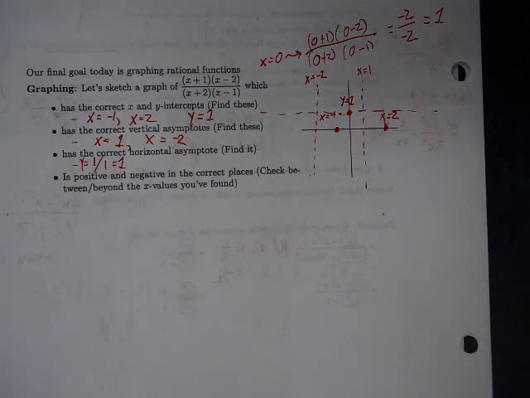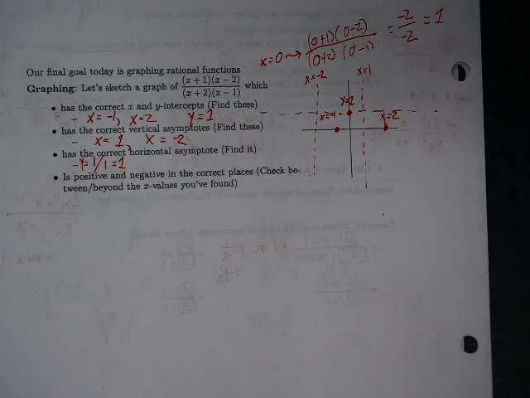And now let's just do enough to figure out where it should be positive or negative and go from there. So I guess the first thing to check is x values more negative than negative 2. What's an x value more negative than negative 2? Let's plug in a really, really big negative x value.